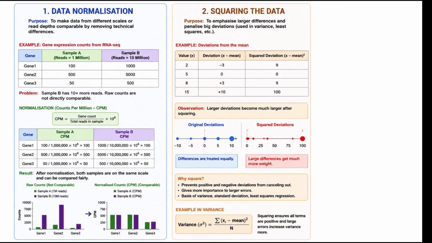In squaring the data, we actually multiply, or square, the data. That is a very interesting thing. Especially in linear regression, when we try to draw a linear line, the errors, meaning the distance between each data point and the line, are squared. Why? Because when we take these values, you will have positive values and negative values, so finally we would get a zero error.